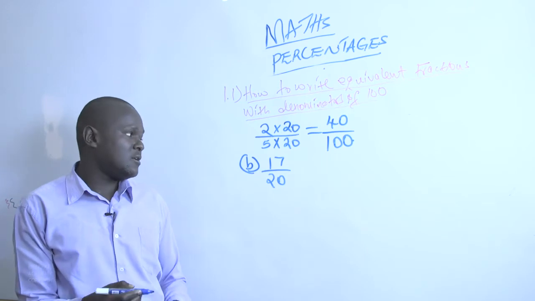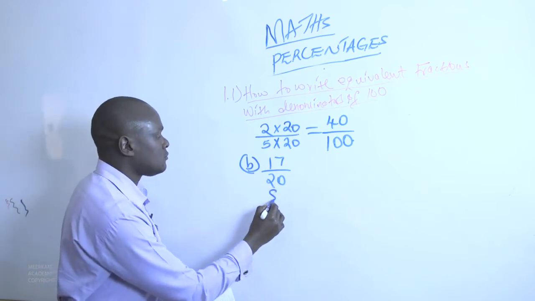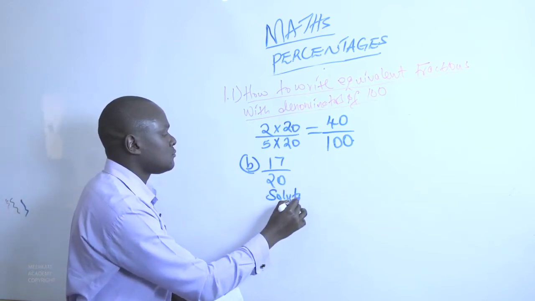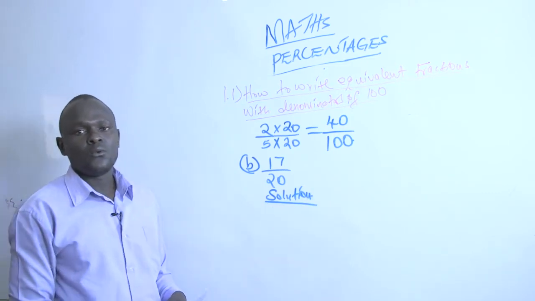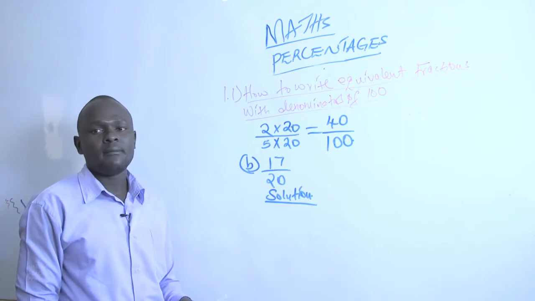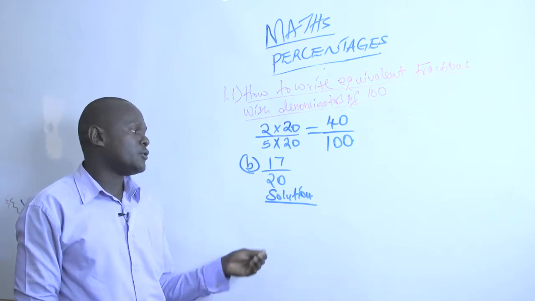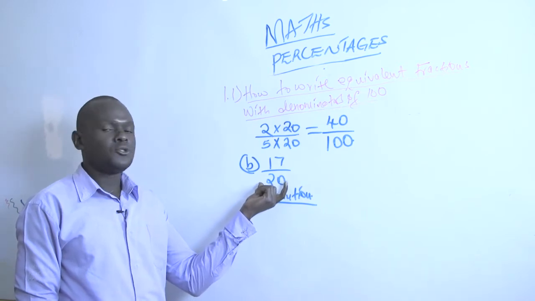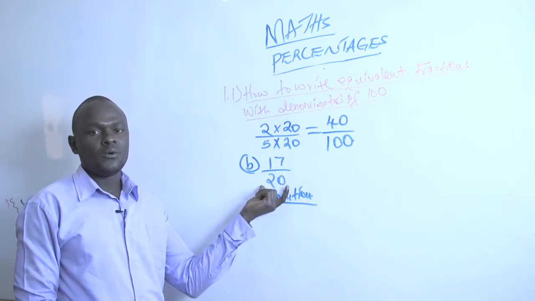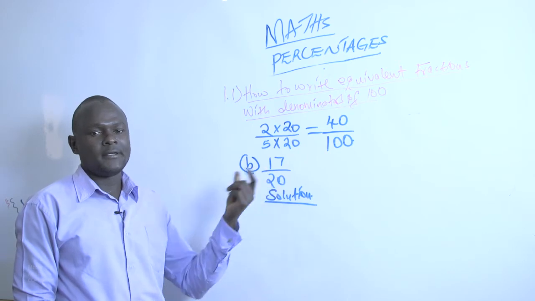As I have said in the first example, we are going to look for a number that when we multiply by our denominator, in this case 20, we will get 100.